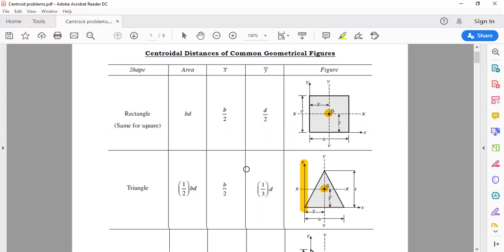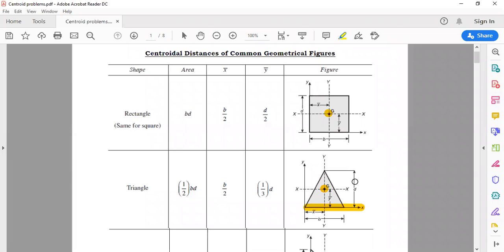What about y bar? y bar is the distance measured from the reference x-axis. So where is the reference x-axis? This is my reference x-axis, which is touching the base of the triangle. Now I'm measuring the centroid of the triangle from the base, and we know that from the base it is 1/3 of the height.